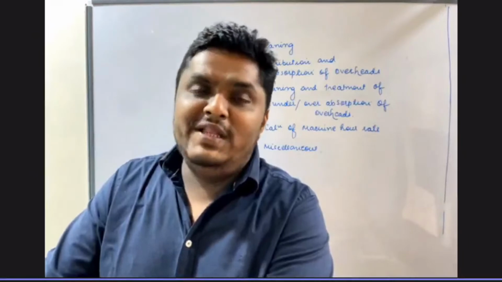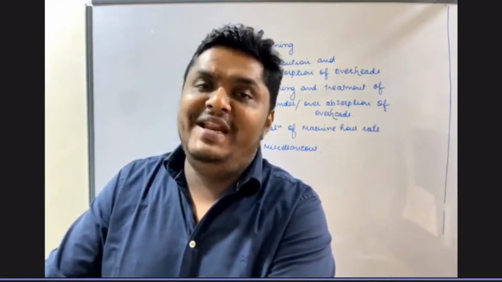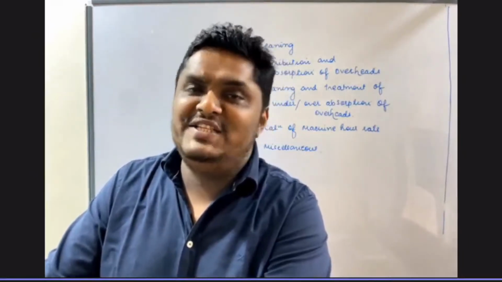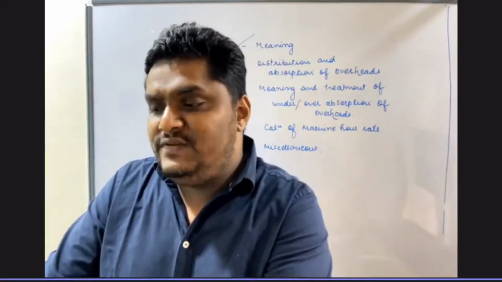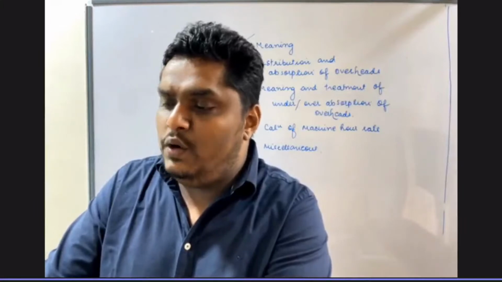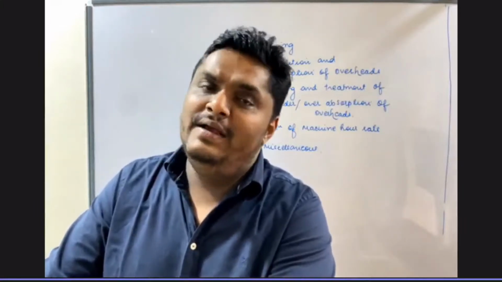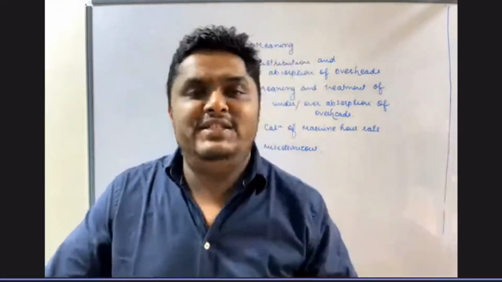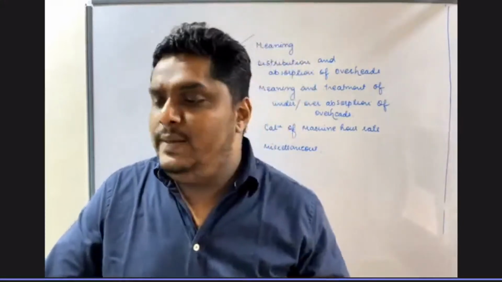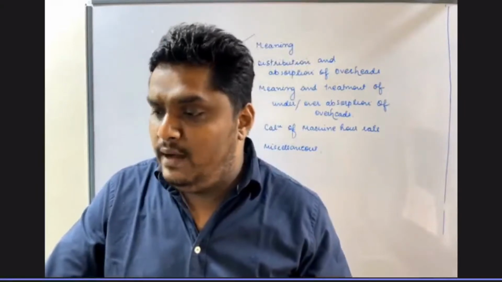Mahesh, whatever the cost that is incurred apart from direct material, direct labor and direct expenses, we call them overheads. Yes, fuels and electricity charges are indirect expenses, and they can be incurred at factory level, office level and selling and distribution level. So it is overheads only, Miss Bhumika.